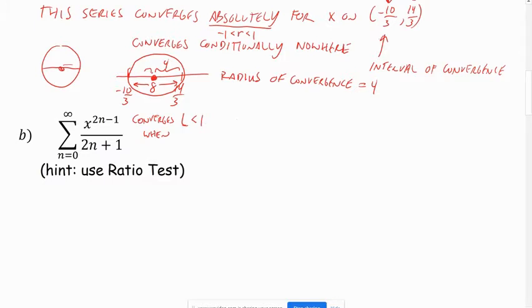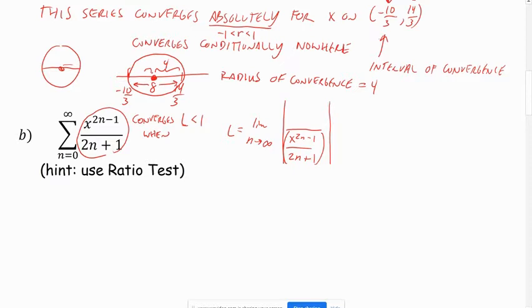And so if we use the ratio test, L is equal to the limit as n approaches infinity of, remember in the denominator we just put this expression, that's a sub n, so that's going to be x to the 2n minus 1 over 2n plus 1. And then in the numerator we're going to put the same expression, but we're going to replace all the n's with n plus 1.